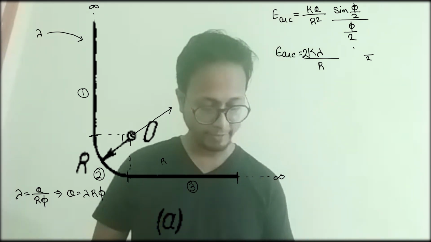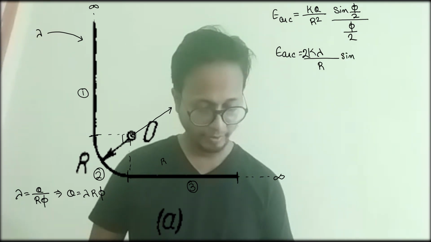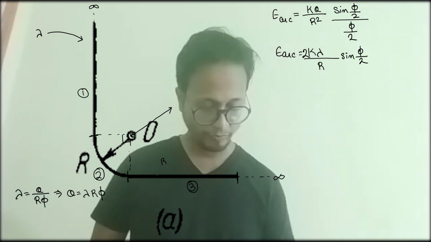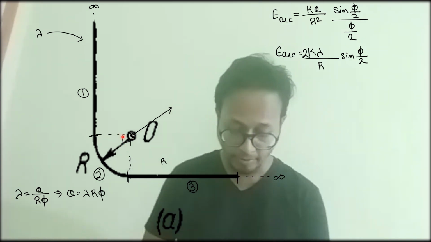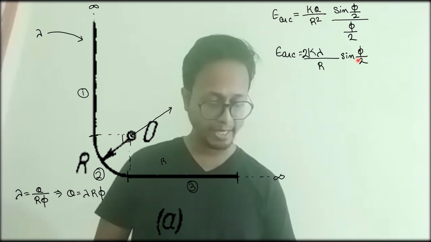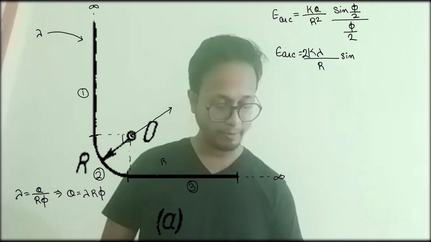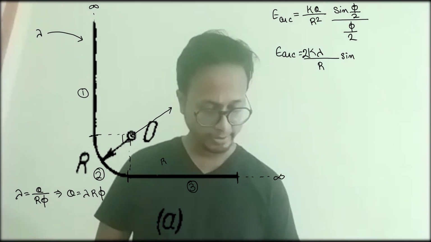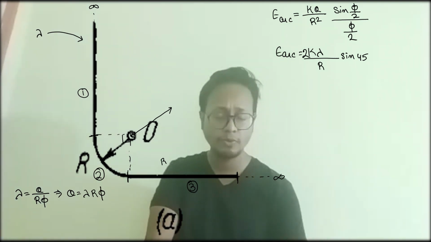Now what is the value of phi here? The value of phi is nothing but 90 degrees. So sine 90 by 2 is nothing but sine 45. What's the value of sine 45? 1 by root 2.